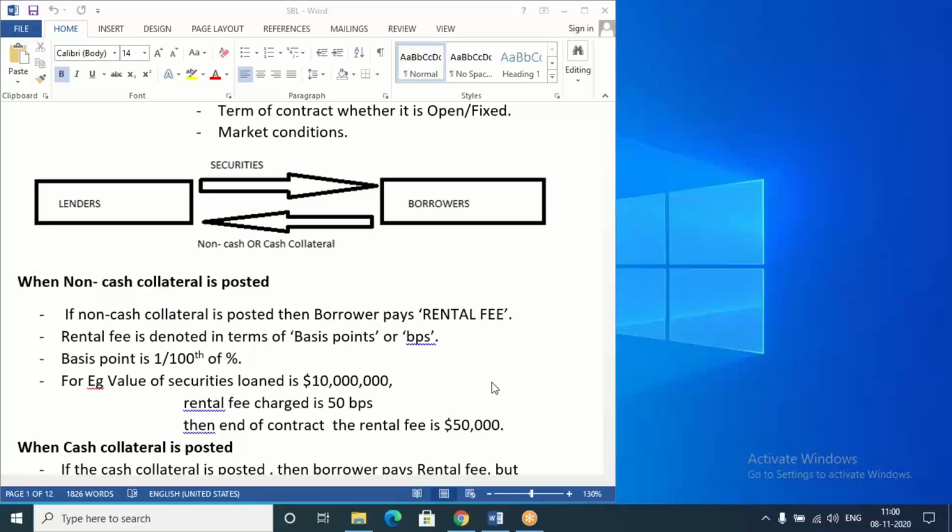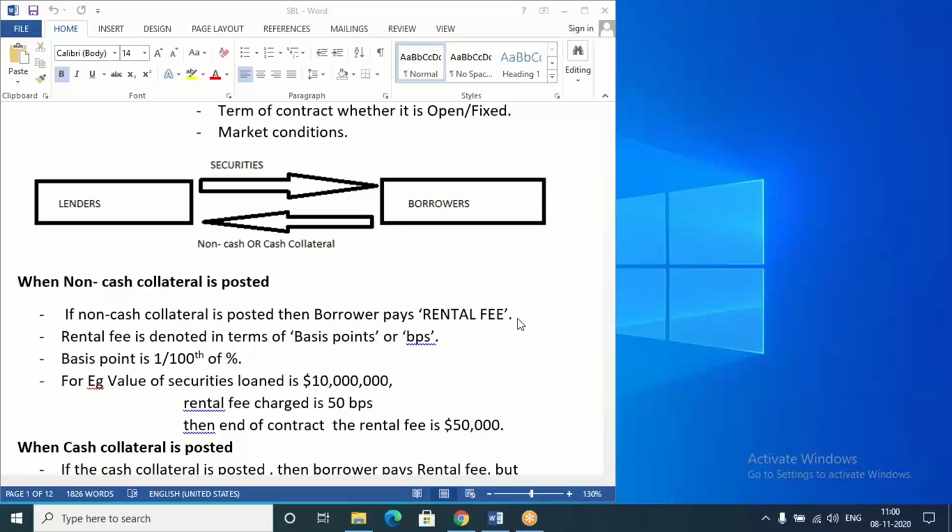Even if it is cash collateral, the lender still charges something called a rental fee to the borrower. Keep that in mind. But now here's the thing.